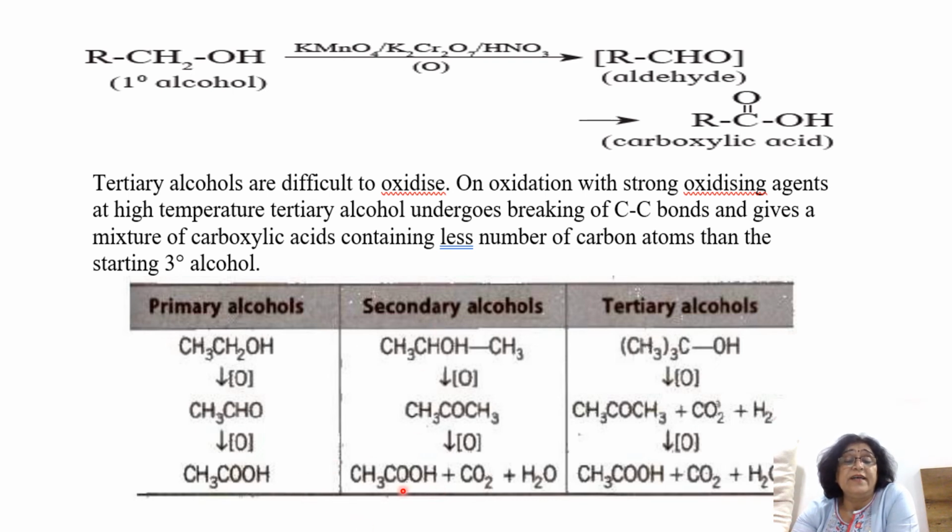So the final acid has 1 carbon atom less than the initial secondary alcohol. But if I take tertiary alcohol and oxidize it, it forms acetone, carbon dioxide and water, and then in the second step it forms acetic acid, carbon dioxide and water. So here the final product has 2 carbon atoms less than the reactant. Clear?